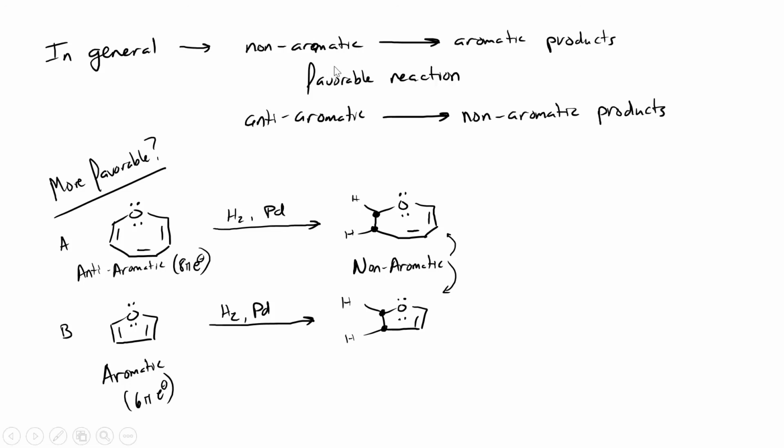So in general, the chemical reactions that aromaticity really controls are these two types of favorable reactions. Either we start with a non-aromatic starting material and create an aromatic product, which is favorable, or we start with a very reactive anti-aromatic starting material, and that gets rid of the anti-aromaticity and makes a non-aromatic product.